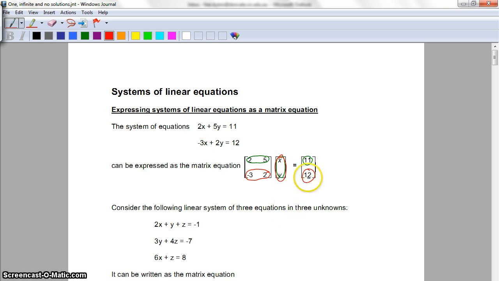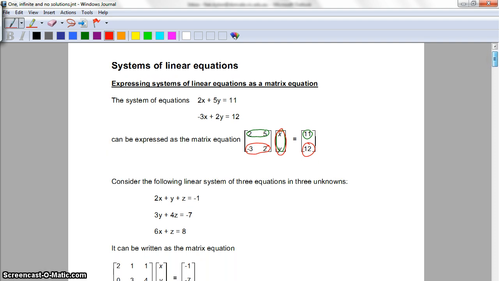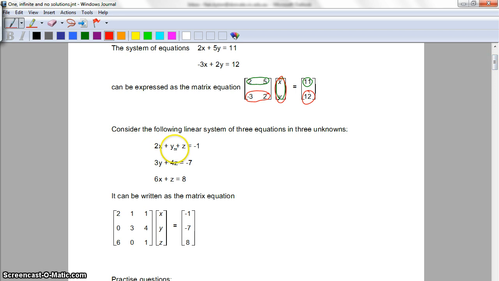I think you've seen that sort of thing, but now we're going to look at three equations with three unknowns, x, y, and z. All of these equations can be solved very quickly and easily on your calculator by using matrices.